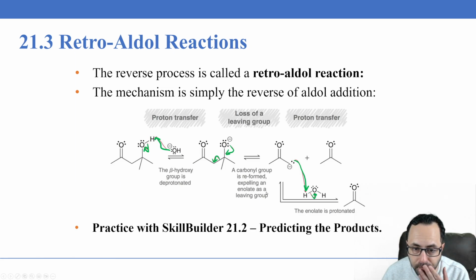Again, this is an equilibrium process. The reaction can be pushed in either direction depending on what you add or what you remove. And the hydroxide is a catalyst here. It is reproduced at the end of the reaction.